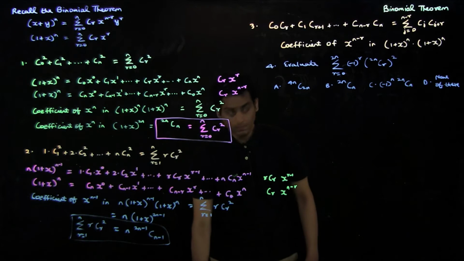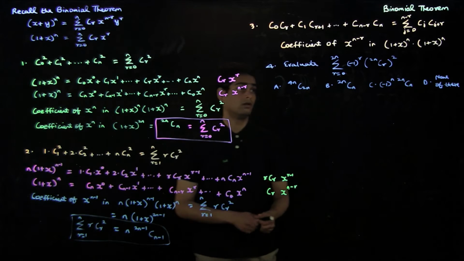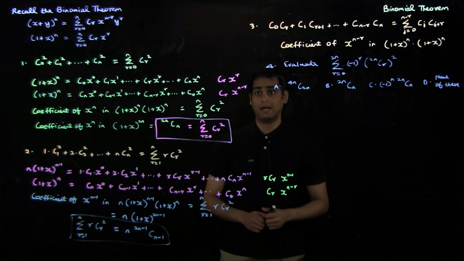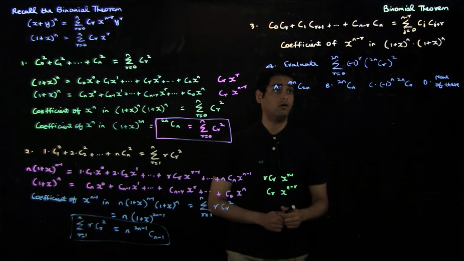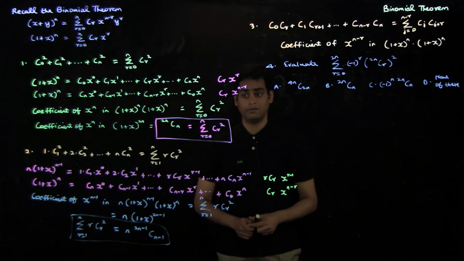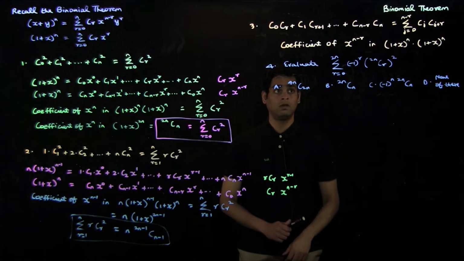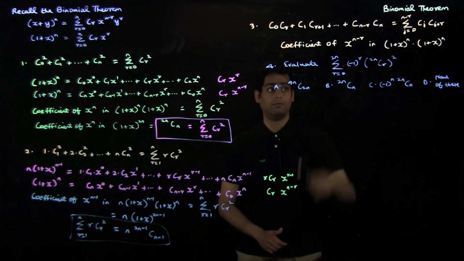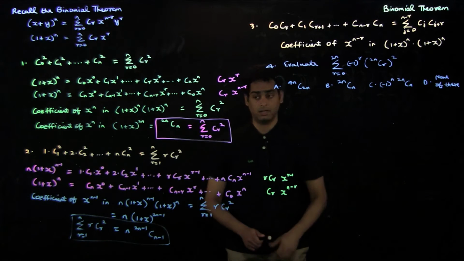As we've seen in our previous examples, we would want to form 2n cr whole square from the expansion of a suitable term, but notice that we also have a minus 1 power r in this result.